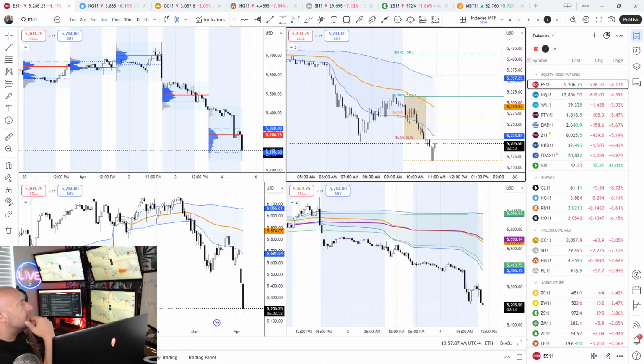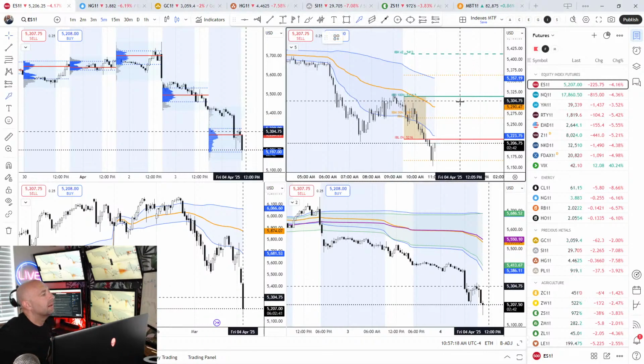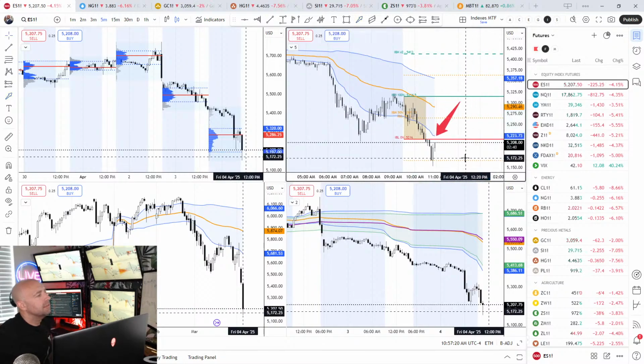It'd be interesting to see what happens on the ES as we approach IB low in the lower band up here. Seems like it could be a good trade position. I wouldn't just take it on the touch. We got to see what happens up here. It could break through, we get acceptance, and then we get the return to value trade, which would be a nice one.